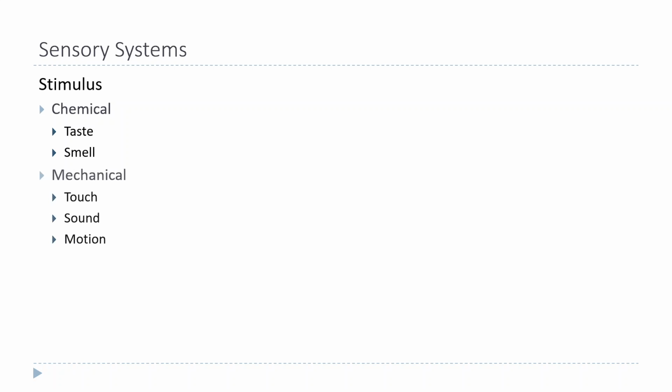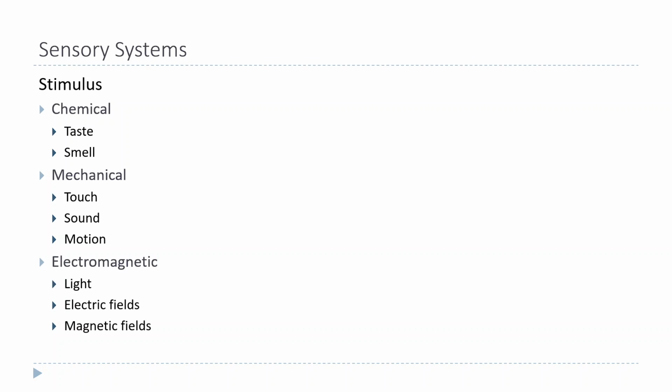And then the mechanical sensory systems, or the sensory systems that detect mechanical stimuli, and that means actual physical force or deflection against a sensory surface, are your sense of touch. Sound we consider a mechanical sense because, as we'll learn, sound is just the movement of air molecules, and then movement of the head or the body itself.